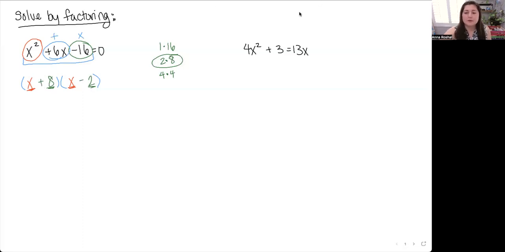Let's say you're at a point in your life and you're like, dang, I don't remember how to factor. It's totally fine. My Algebra 1 teacher from way back when would always tell me this trick on how you can check it. So instead of foiling it out and bringing it back to the original problem, all you need to do is just the inner section and the outer section.